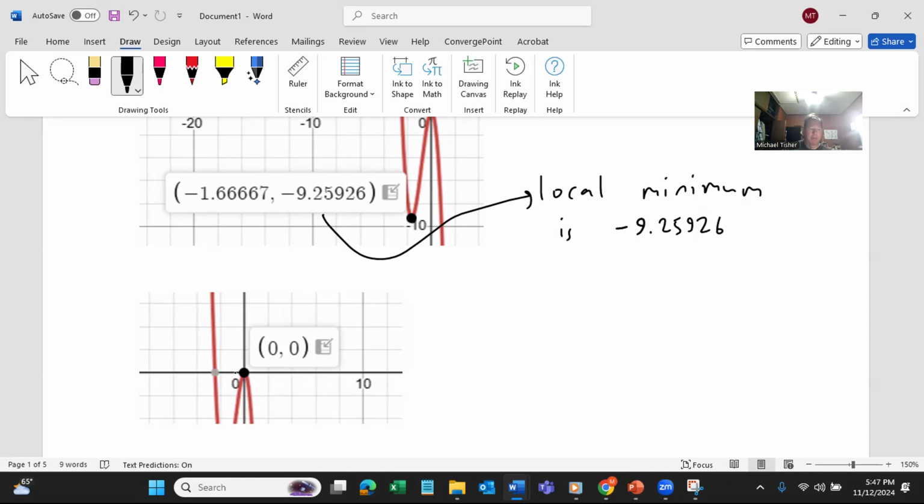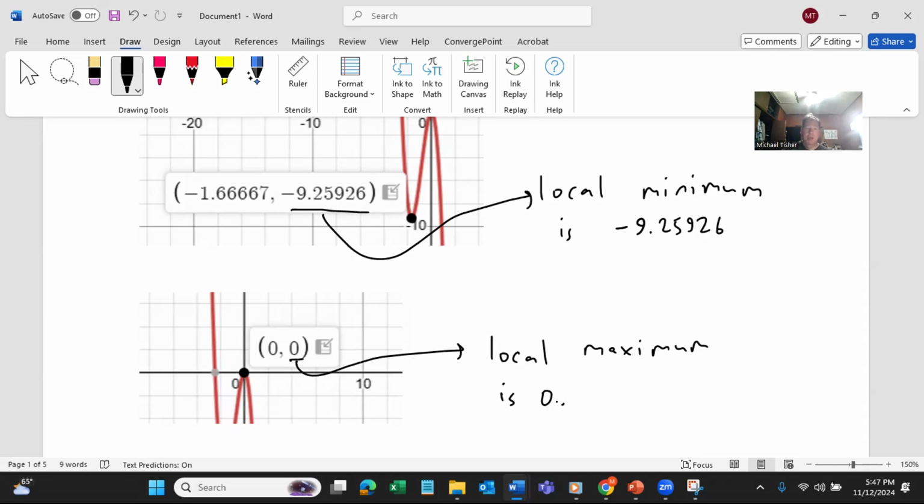And here we have the top of a mountain locally at the point (0, 0). And so the local maximum is 0.